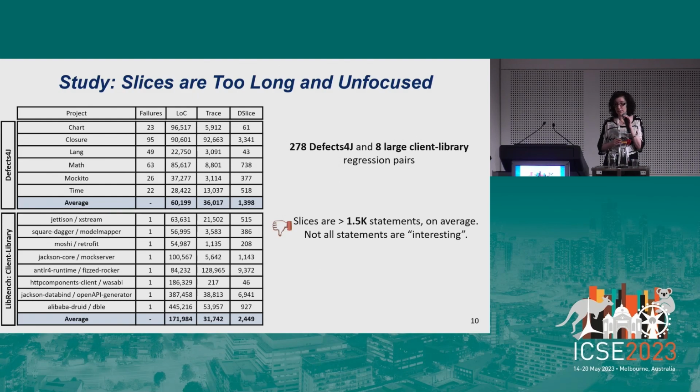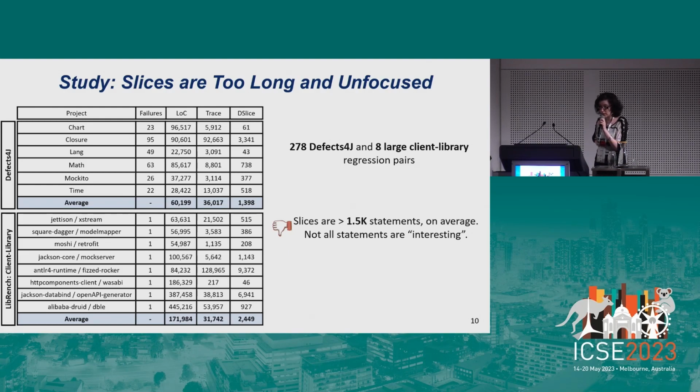But these Defects4J failures are kind of simplistic and very focused on a particular failure, so we further extended it with a set of 8 big, real client-library regression failures, where the upgrade in the library causes the client to fail.